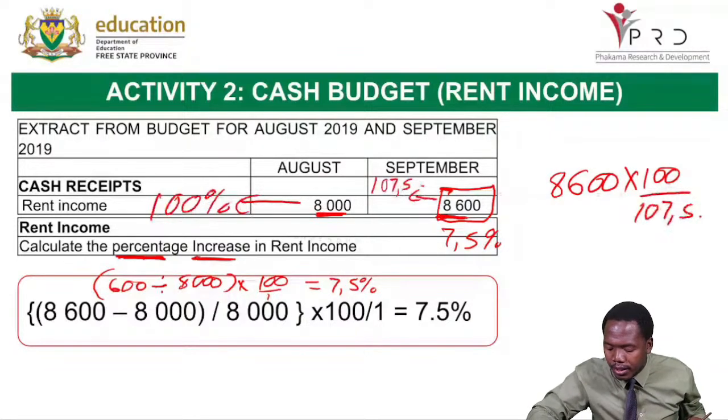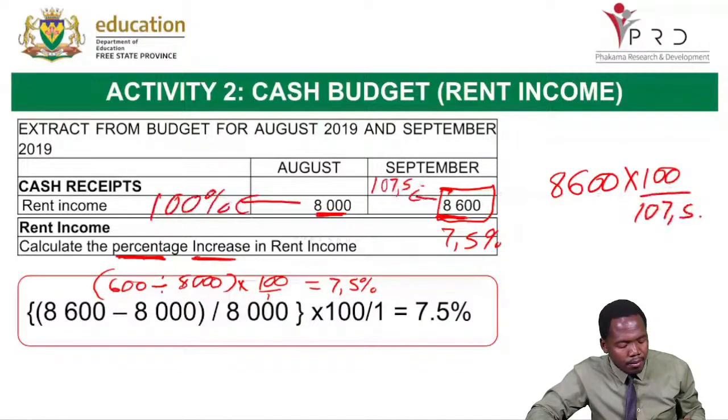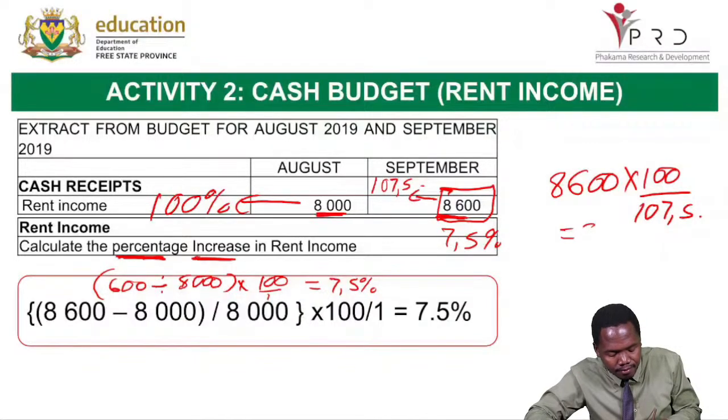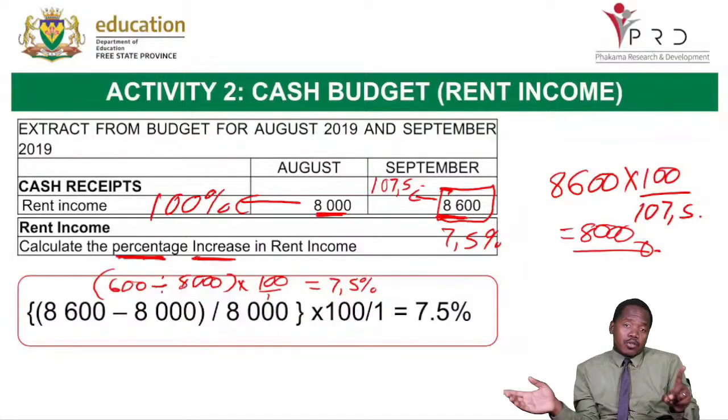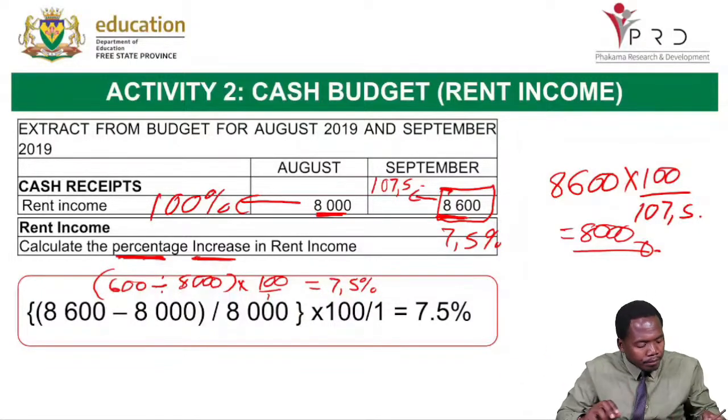Now, how do we do that? Let us prove the calculation. 8,600 multiplied by 100 over 107,5. Then we get 8,000. Please learn how to work backwards. Don't just work forward, also work backwards.